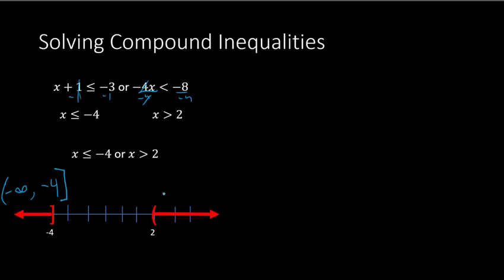And then x is greater than 2. We start at 2 with a parentheses, then comma, and this is going to go all the way to the right, all the way to positive infinity. And it's never going to reach it, so we use a parentheses instead of a bracket. Because bracket means it comes to an end, it stops right there. But the parentheses means it's going to approach it, but never actually reach that number.